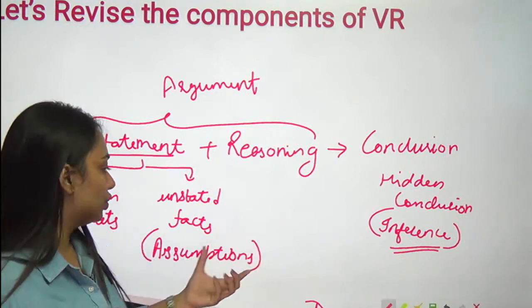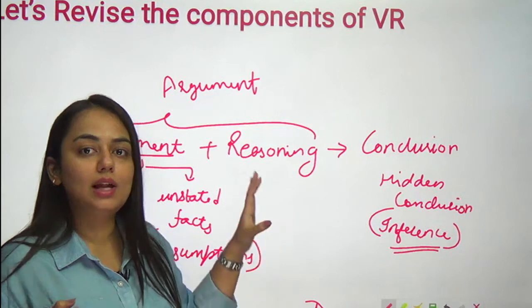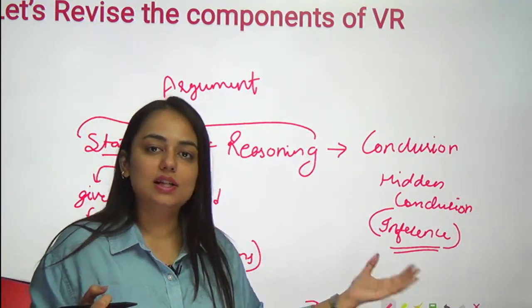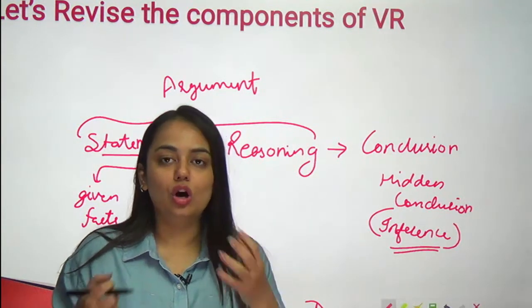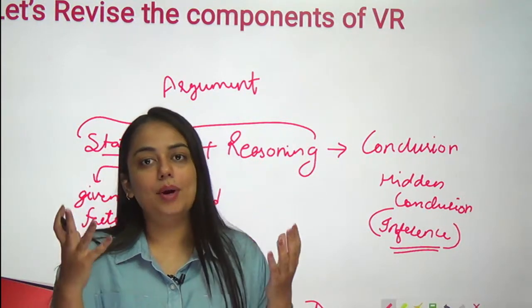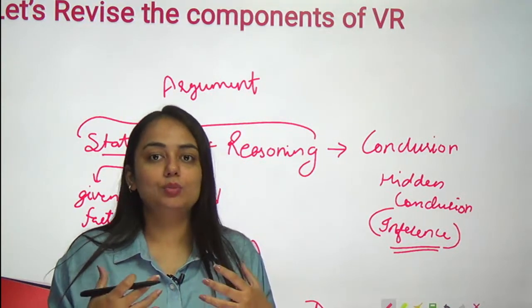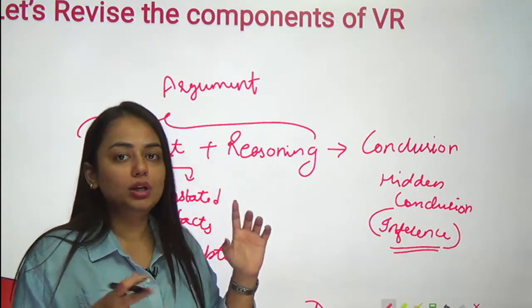Inferences are hidden conclusions, assumptions are hidden facts. So you just have to see which one lies on the premise side and which one lies on the conclusion side. Inference is like a conclusion, but it's a hidden conclusion that you have to draw by your understanding, but it should always be backed by the given facts only, which means logically it should be derived from the given facts only.